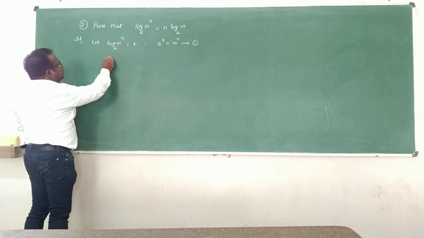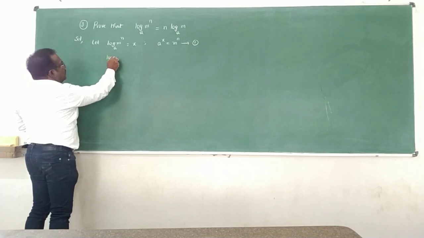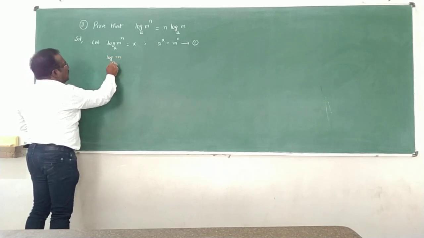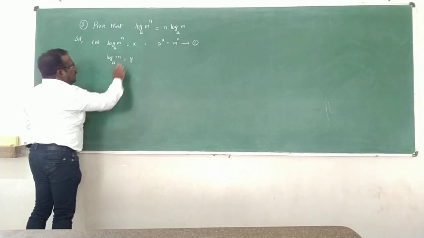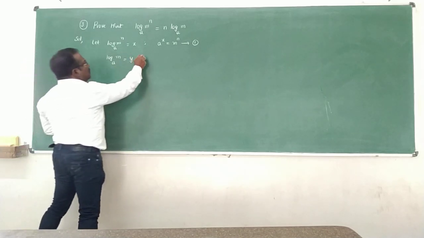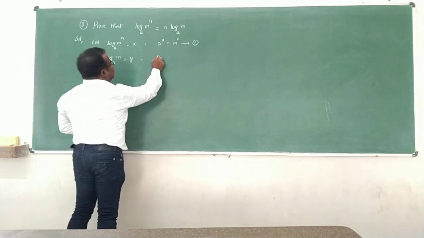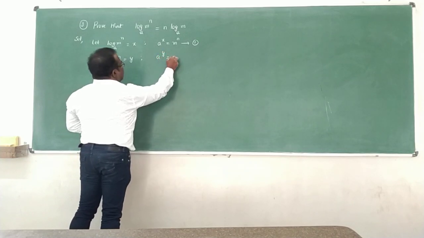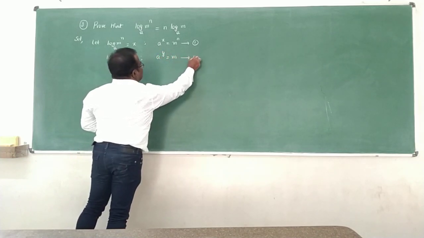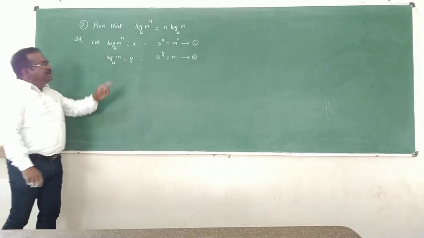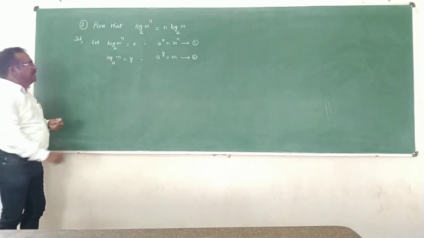In the RHS there is only one term, that is without n. log m base a = y. Now, this is written in exponential form as a^y = m. Consider it as 2. Now, substituting 2 in 1, children.